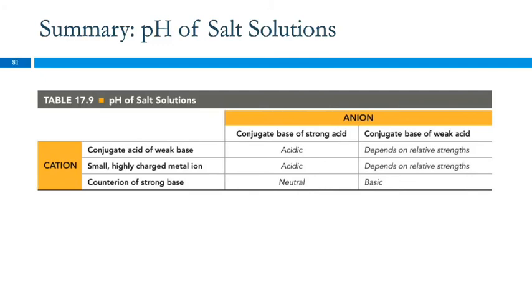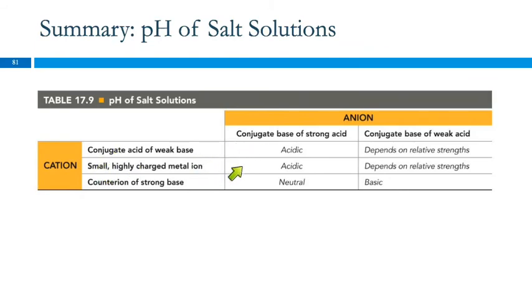So here's a summary of all of that. Looking at what kind of cation do we have, what kind of anion do we have. We had 2 kinds of anions, we had 3 kinds of cations. If we have the conjugate base of a strong acid, that doesn't do anything. It's neutral. So if our cation is acidic, the solution will be acidic.